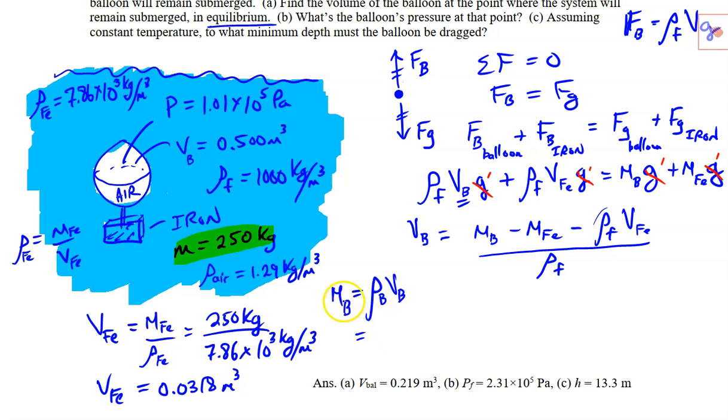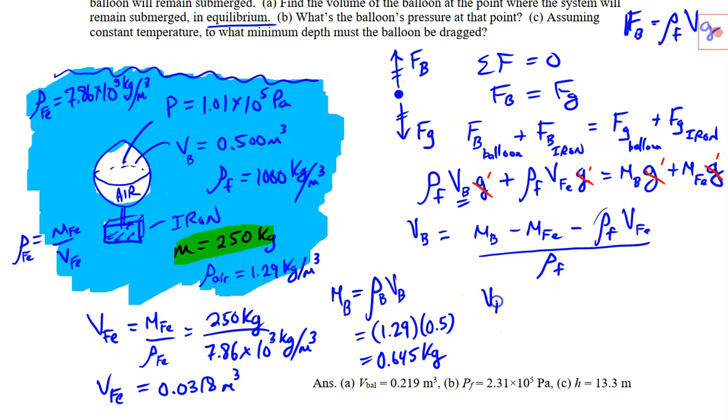So the mass of the balloon's air is 1.29 kilograms per meter cubed multiplied by 0.5 meters cubed, which gives me 0.645 kilograms. So this is really a fluids problem.